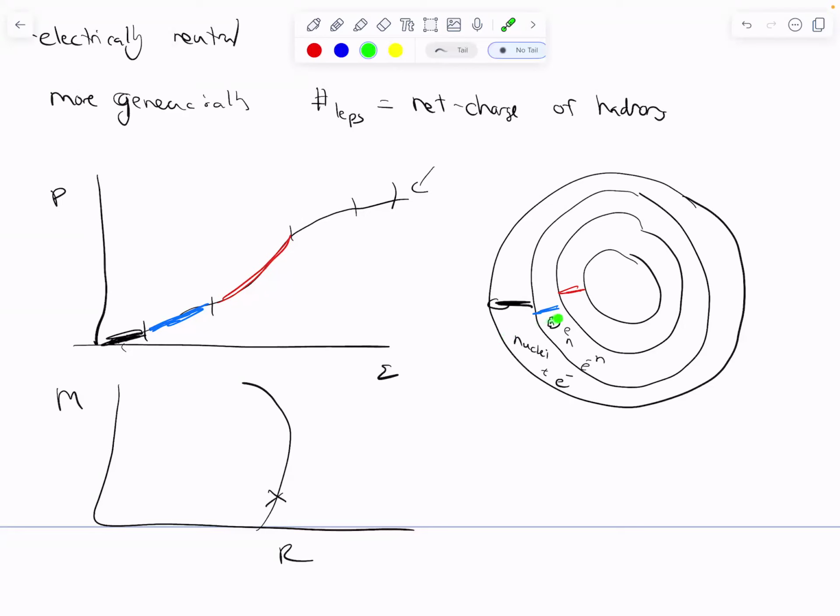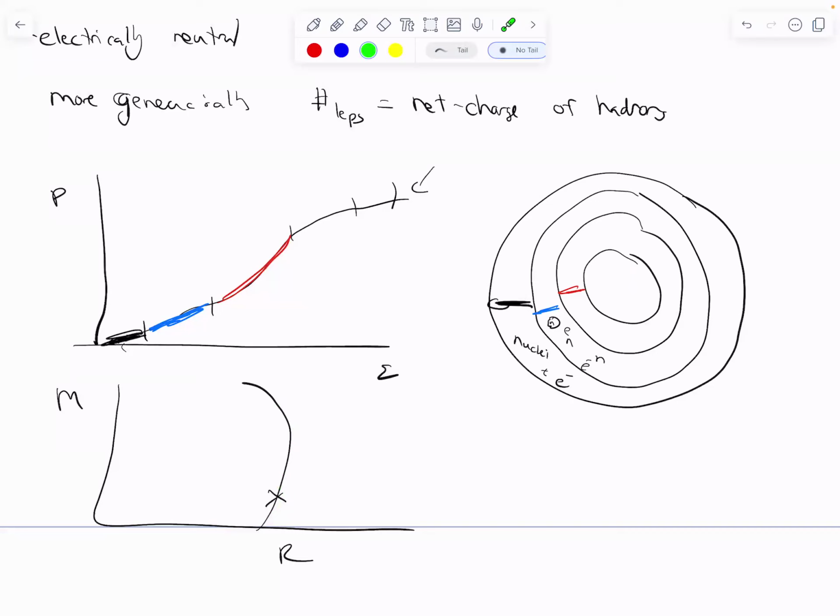I might only get up to this layer here. Whereas if I get to a heavy neutron star, I might get all the way to the heaviest possible layer, which could be quarks. So conceivably, they all come from the same equation of state generically, but it might just not be heavy enough to reach the quark core. Does that make sense?